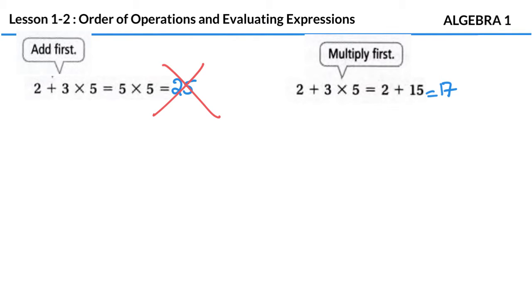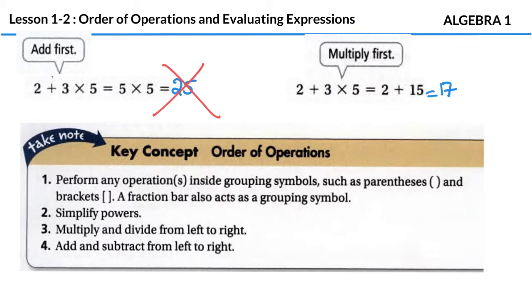Because mathematicians have laid down an order of operations, and we have to perform the operations based upon that order. And what is that order? Here it is. The order of operations is, first, you will perform any operations inside grouping symbols, inside parentheses or brackets.